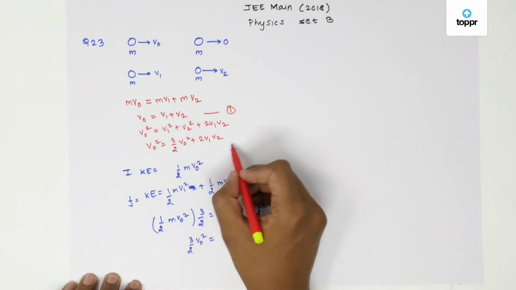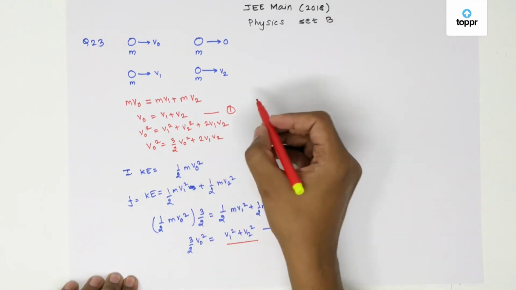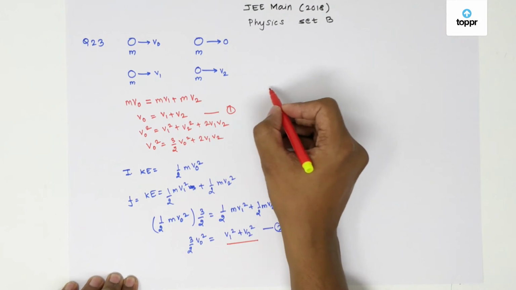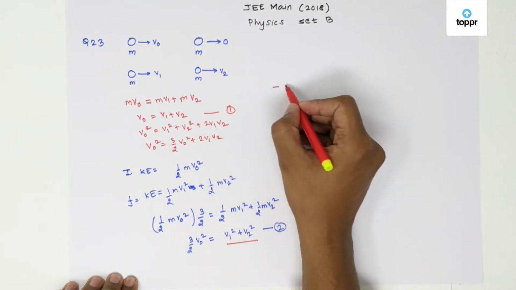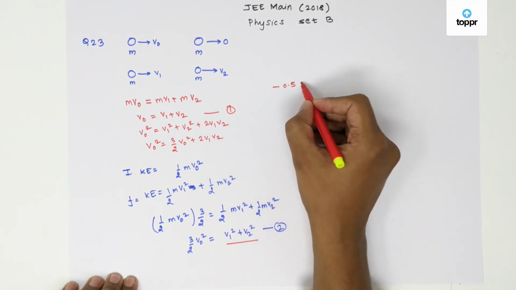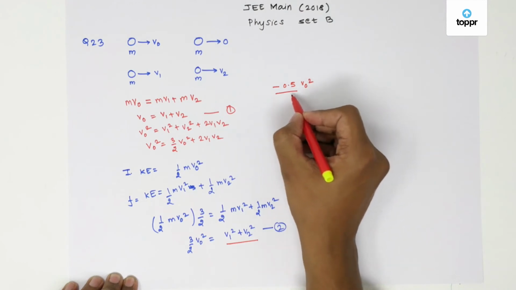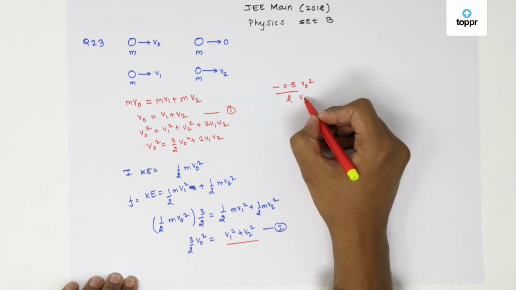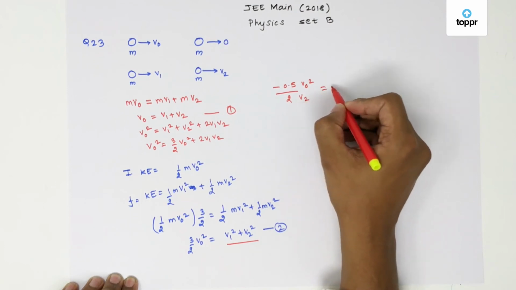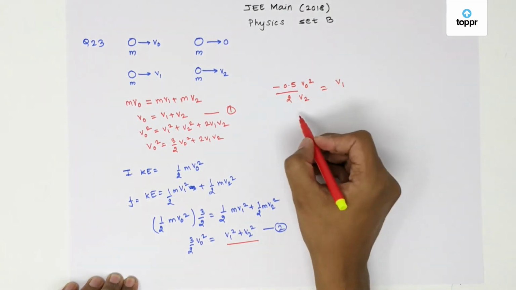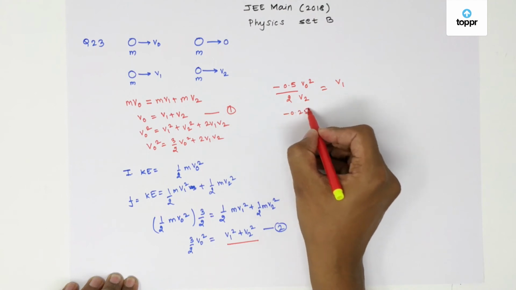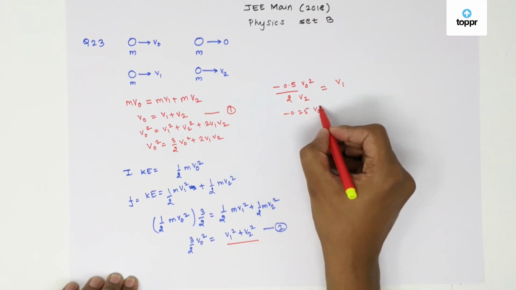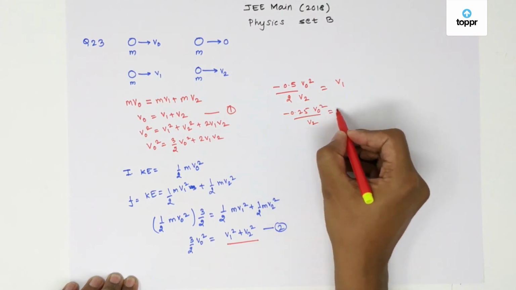So if we simplify this a bit, we get minus 0.5 v0 square divided by 2 upon v2 is equal to v1, that is minus 0.25 v0 square upon v2 is equal to v1.